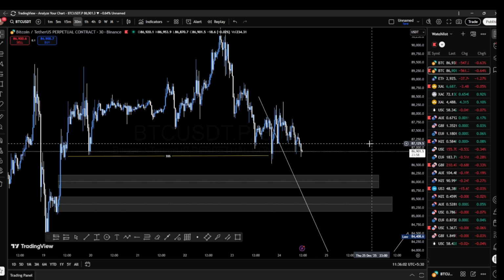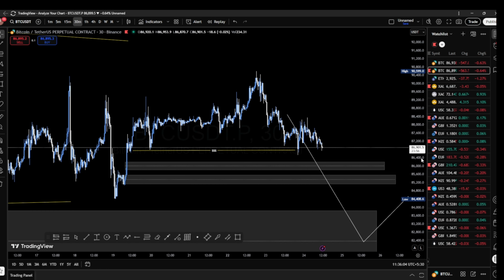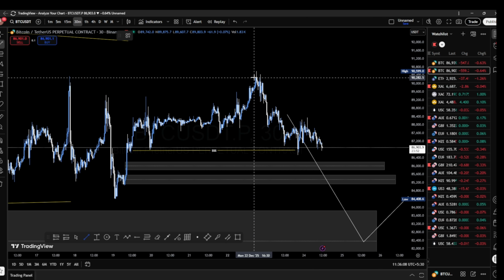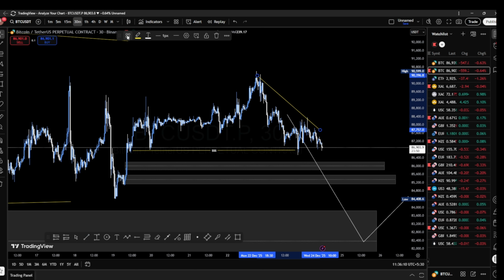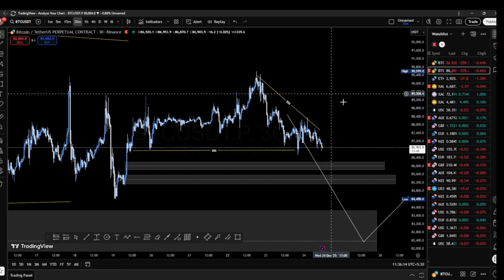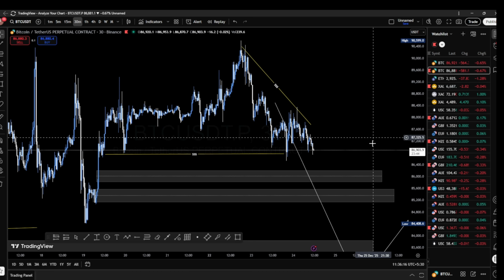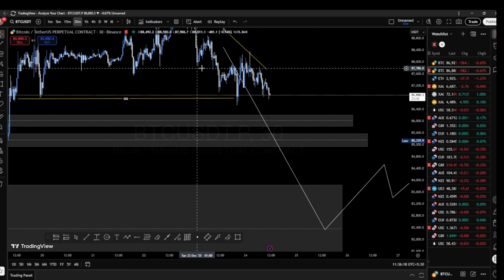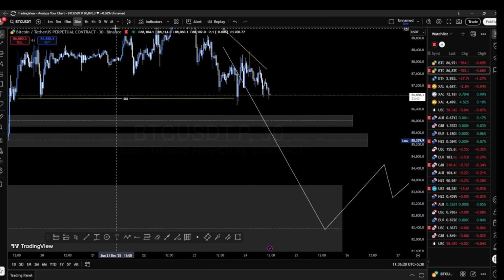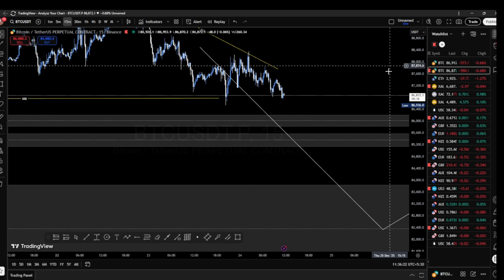For confirmation, we can see lots of liquidities in the upside. So right now I'm talking about the short term. You have to be really careful about what's going on in the market. So right now these zones are going to be your target if you want to play short. So you have to wait for a break.